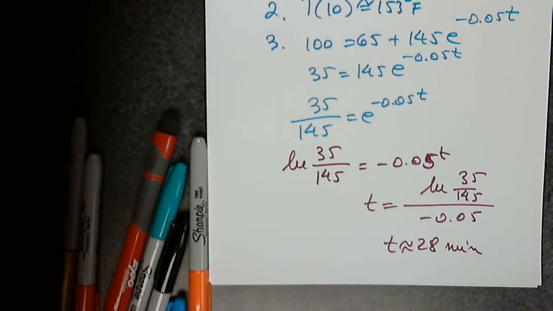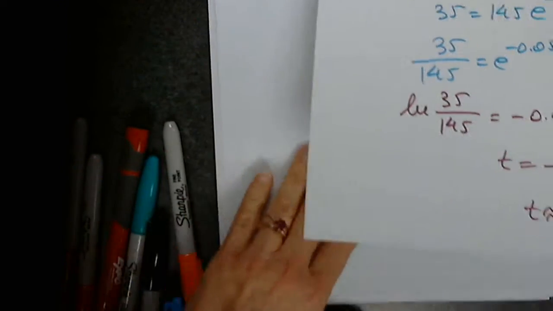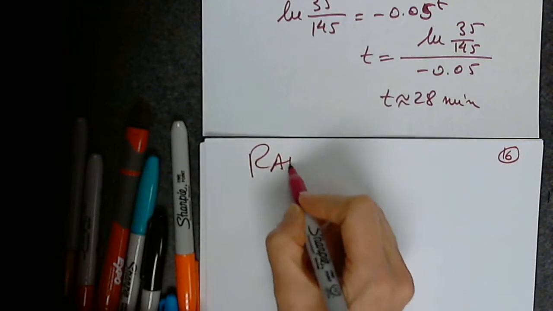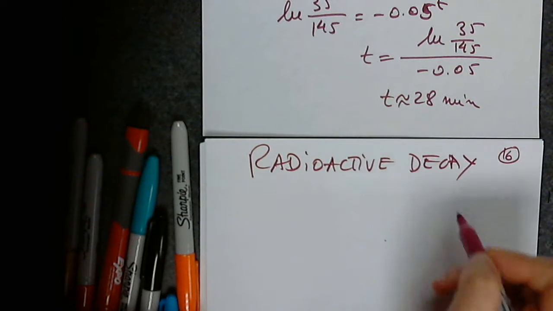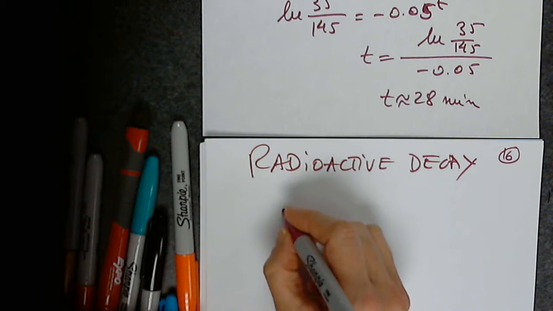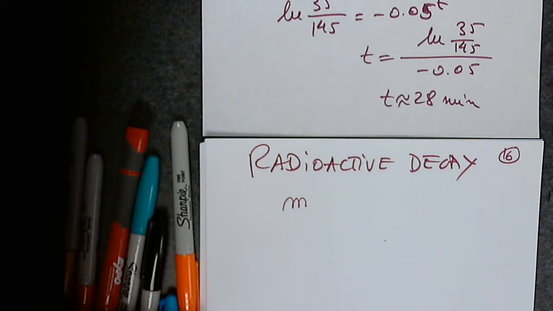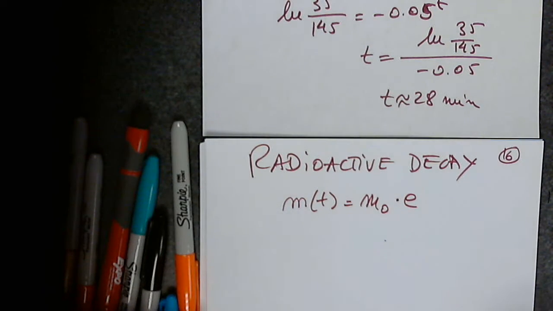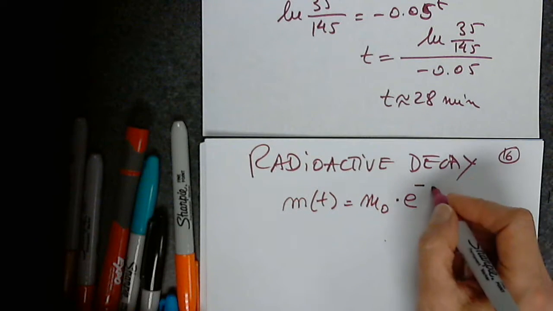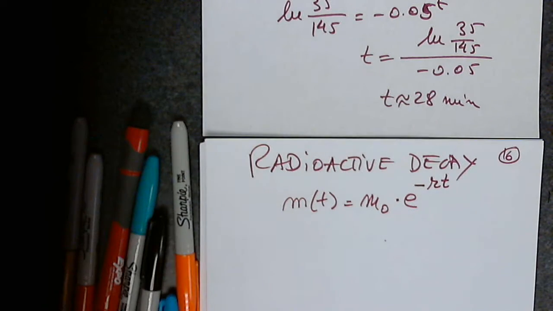Okay, so this is the last application, radioactive decay. The formula is the same, but this time we use M because we are talking about mass. Everything is the same, but since it's decreasing, there is a little negative in front of R. This is the model.